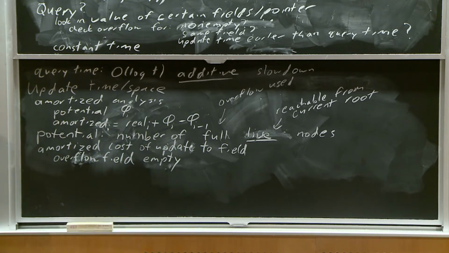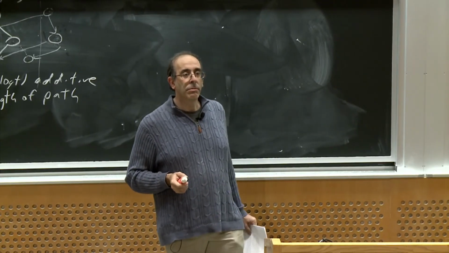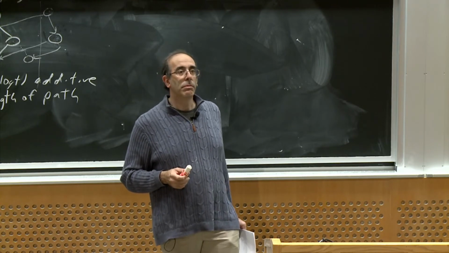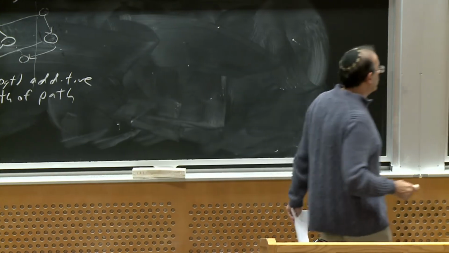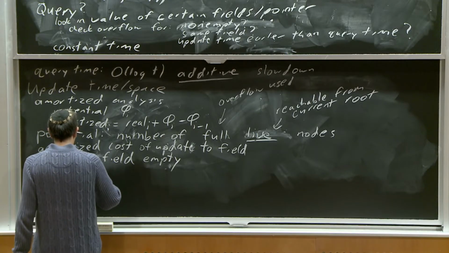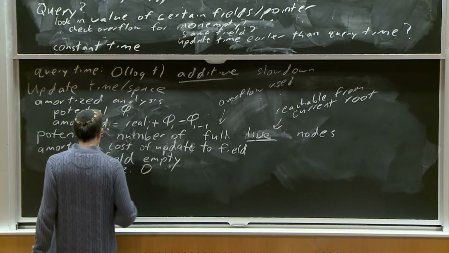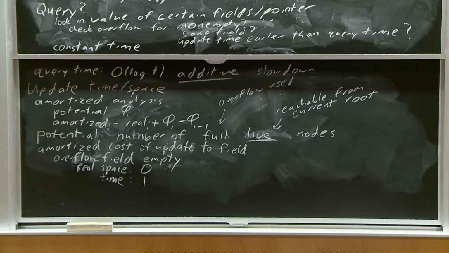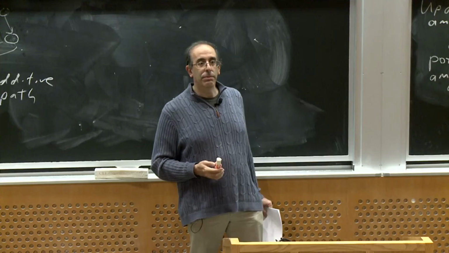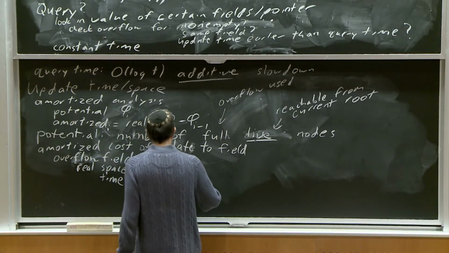Then what's the real space cost involved in storing a value into that overflow field? It's free, right? So the real space that we use in terms of the number of data structure nodes is 0. The real time that we use is 1 for storing the value in the field. What about the change in potential?